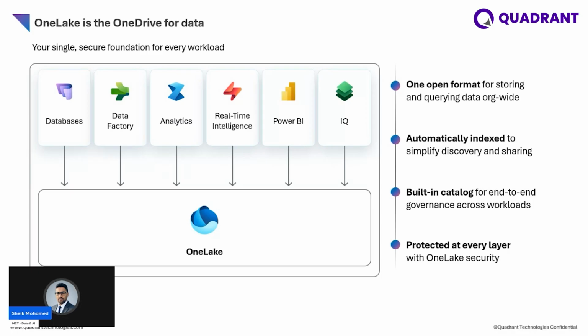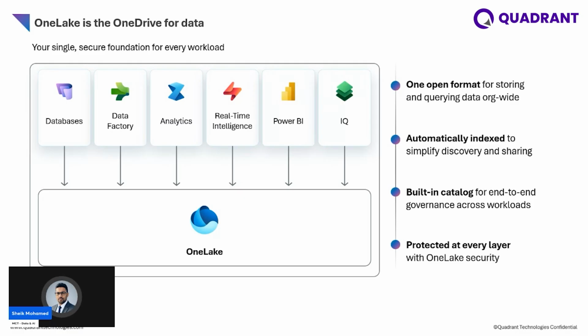So we have multiple compute experiences, as you can see, or Fabric experiences, be it Data Factory or data warehouse, lakehouse experiences, or Real-Time Intelligence, Power BI, and we have this IQ workload now within Fabric. So all of these workloads are going to store our data in one single format, which is Delta Parquet format, across the entire organization, and it is automatically indexed as well to simplify your discovery and sharing.